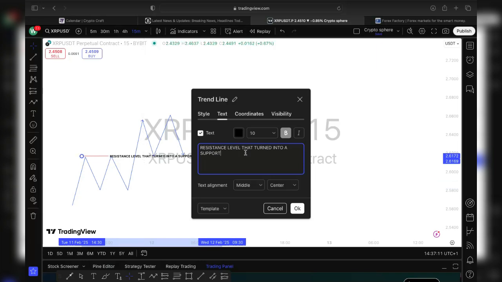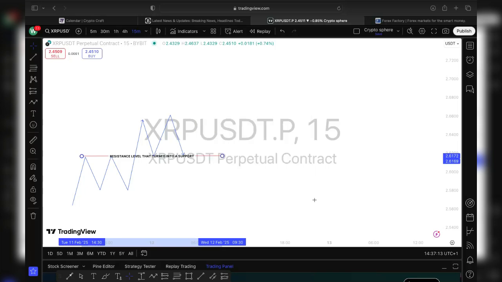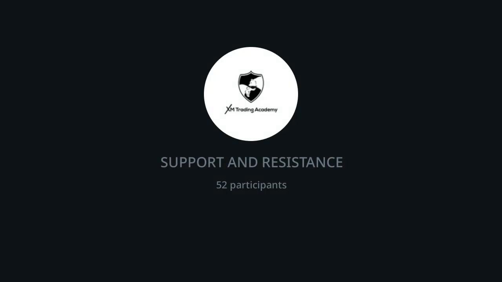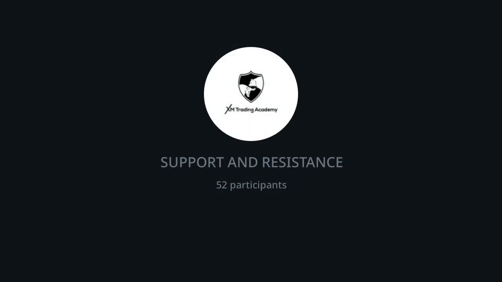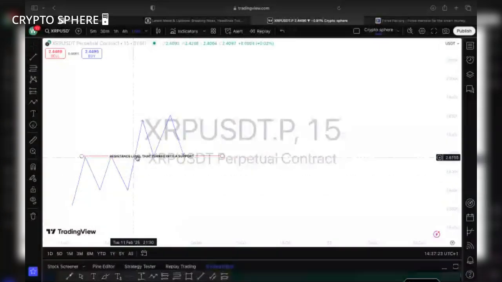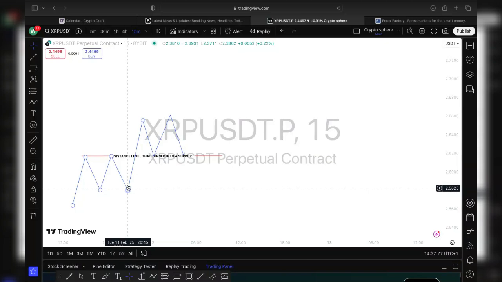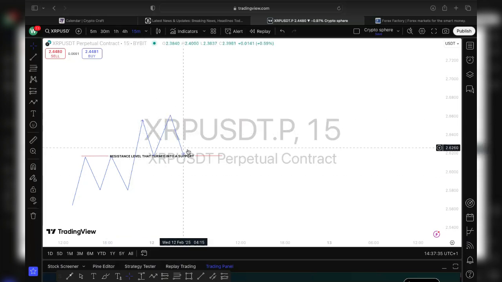A resistance level that turned into a support. Perfect. Because on a normal day, price is just supposed to get to this zone and dump, right? But what happened? Markets went above that resistance level. That price that they don't want it to break, price had to go above it and kept respecting that zone again. You understand?